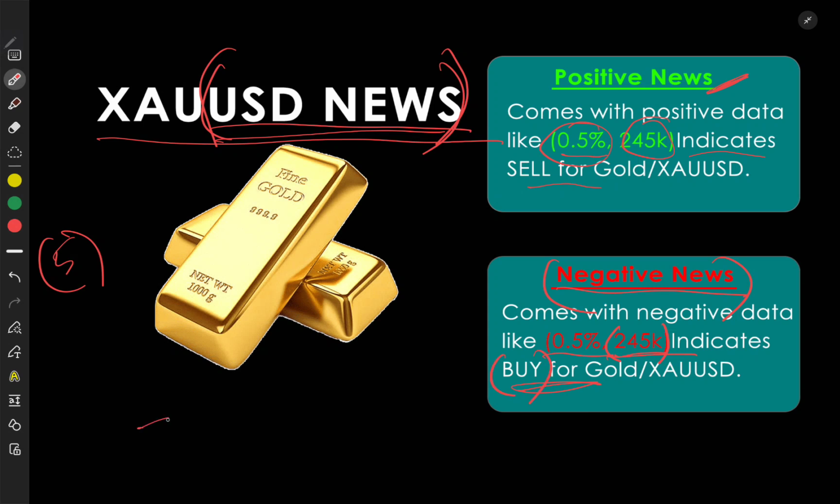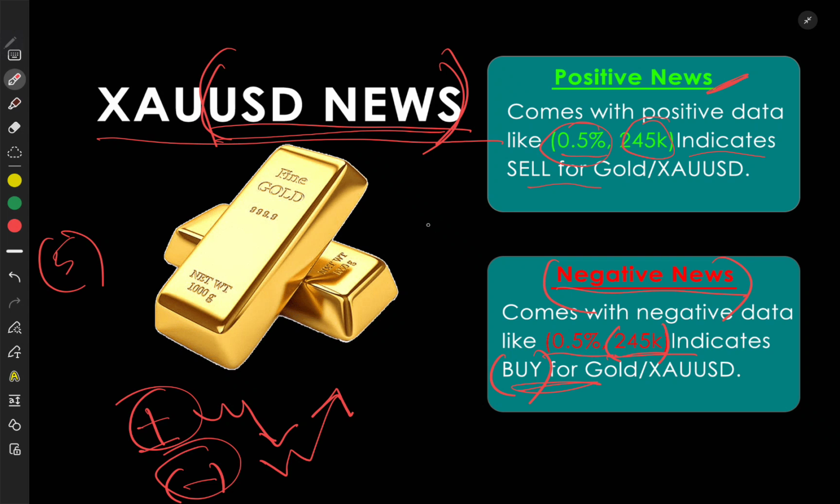That means if data come with positive, we will sell gold. If data come with negative value, we will buy gold. Okay, you may ask me, Mr. Boom, why for positive data we will sell gold, why for negative data we will buy gold? Okay, as you know, gold value is always constant, and USD value, like currency, like USD, JPY, GBP, is always variable.